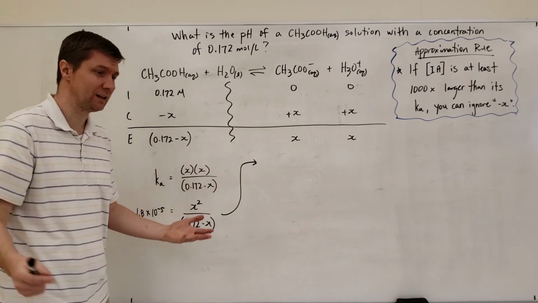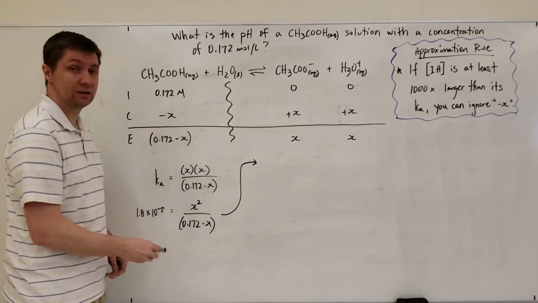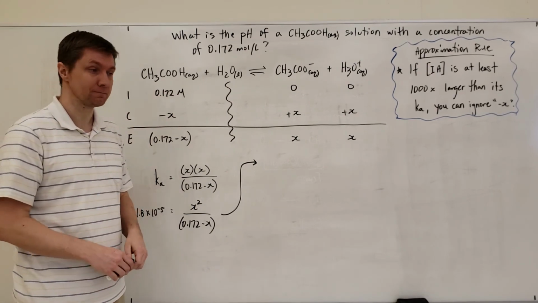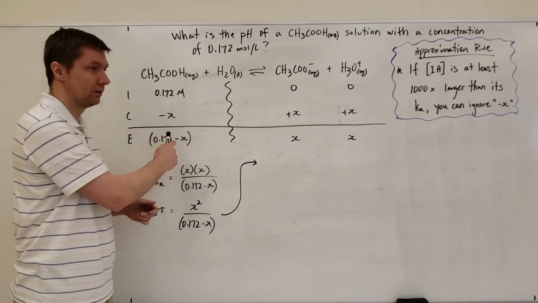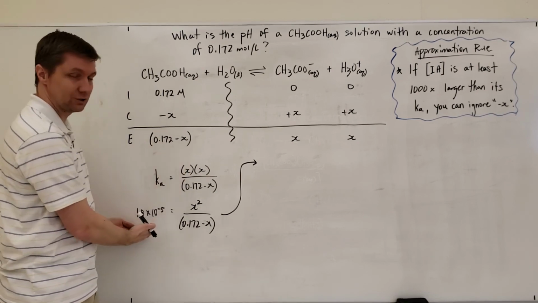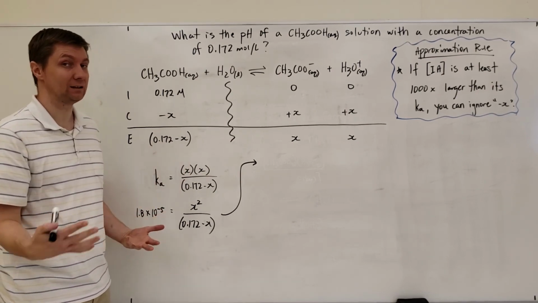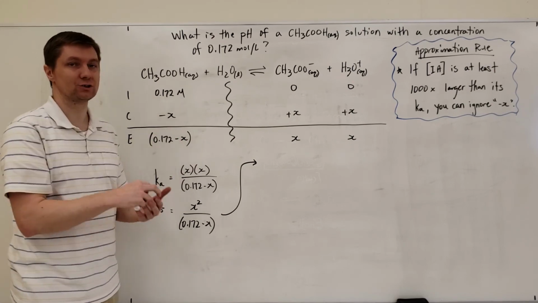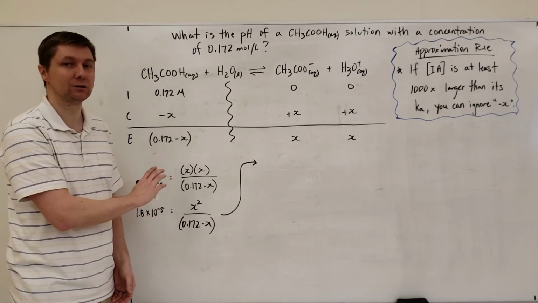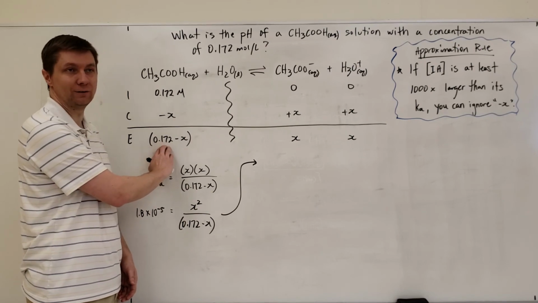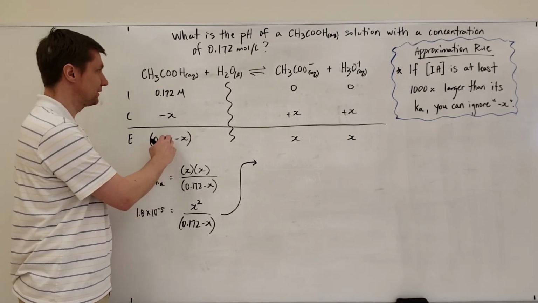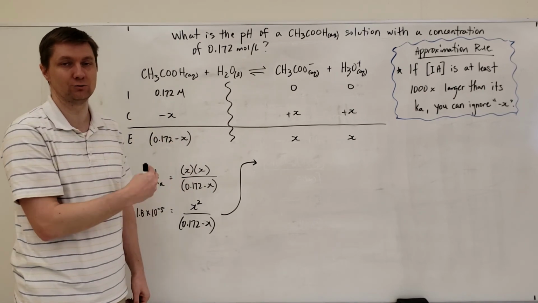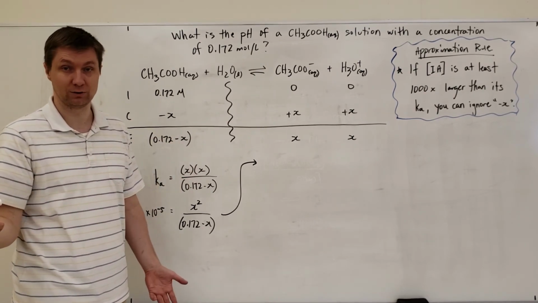All this is really saying is that because the Ka is so small compared to the initial acid concentration, the reactants are highly favored in this equilibrium. So this change is so small that it has a negligible effect on the calculation of this number. This equilibrium concentration is going to be very similar to 0.172 moles per liter.